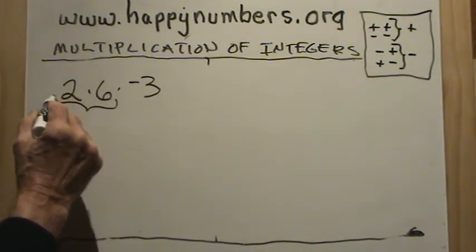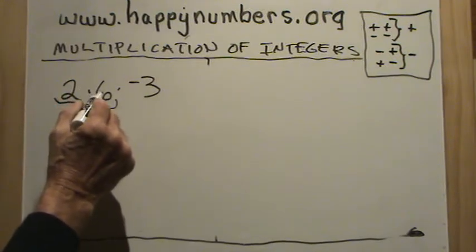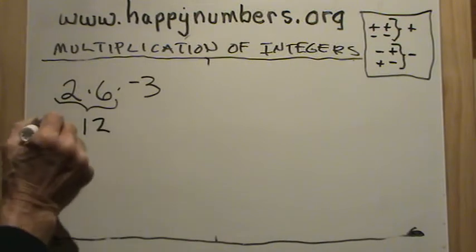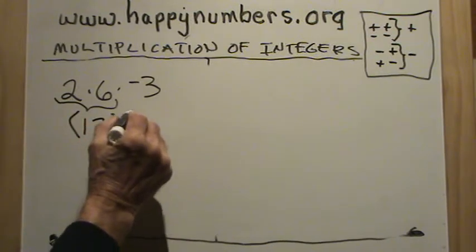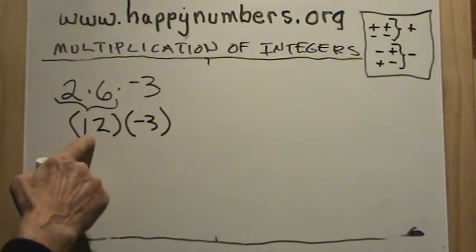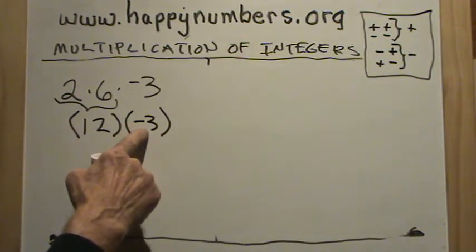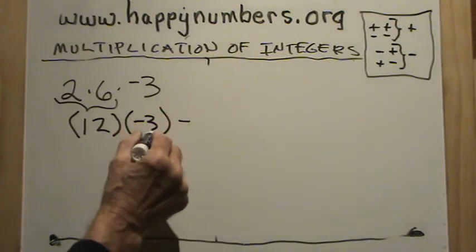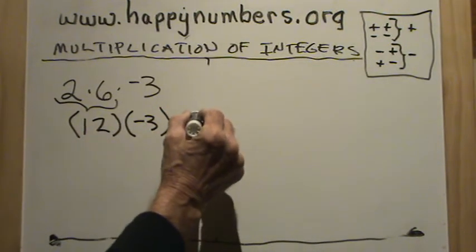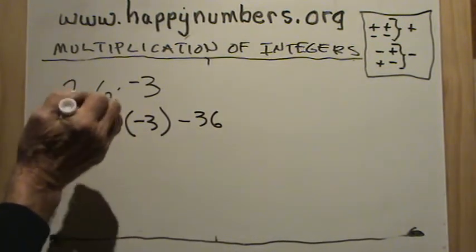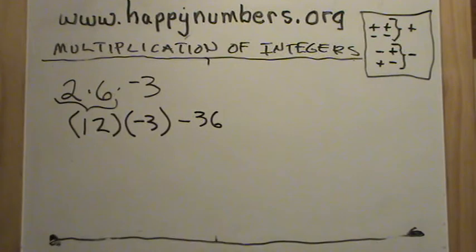So I have a positive 2 times a positive 6 will give me a positive 12. So now I have a positive 12 times the negative 3. Well, now I have a positive and a negative. Positive and negative will give me a negative, and 3 times 12 is 36. So again, I work the first two, then the next one.